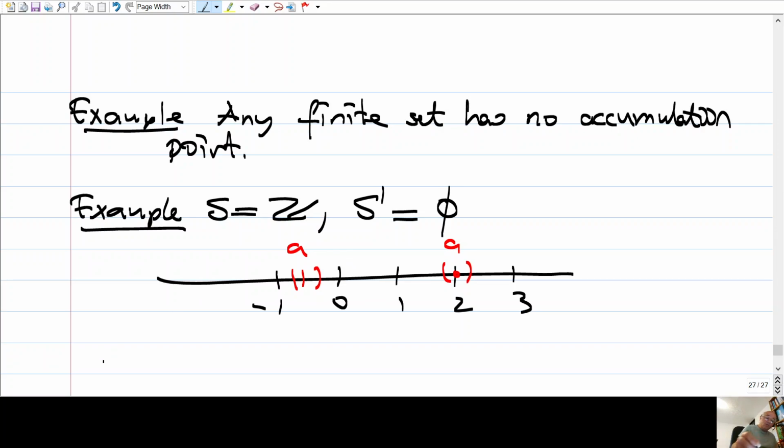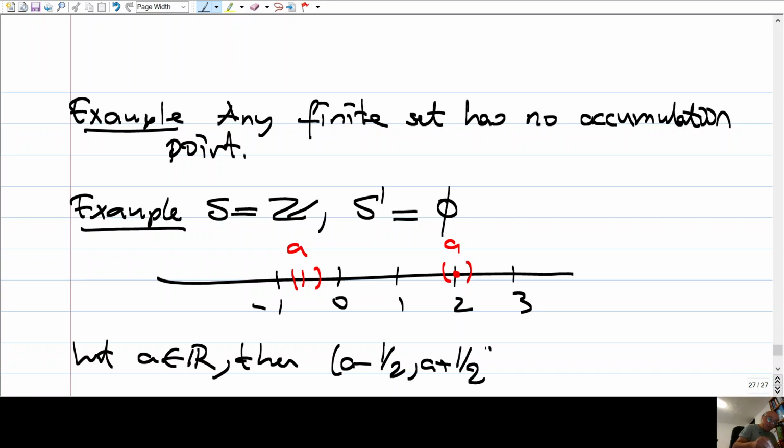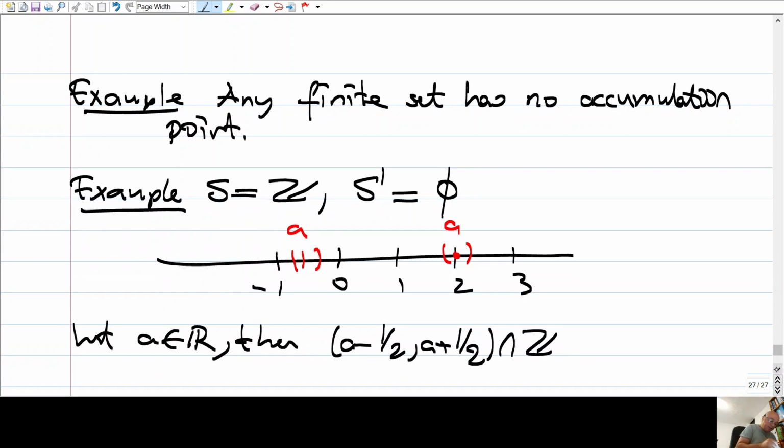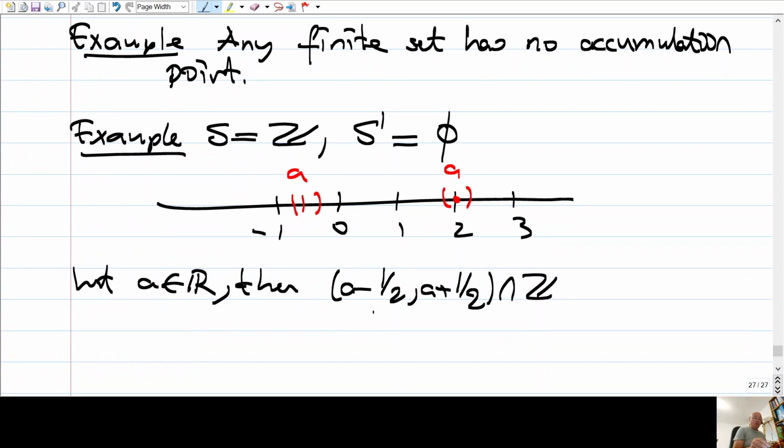I could write an argument like this. Let A be any real number, then consider (A minus 1/2, A plus 1/2) intersection with Z, right? This interval has length 1 unit. Therefore, it can contain only one integer because the distance between two integers is at least 1, right? So then this set can have at most one element.